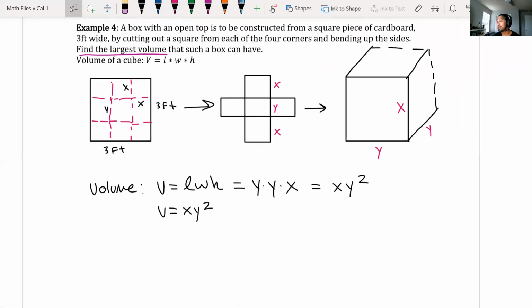Well, looking at the second diagram, we know that the width of the box is 3 feet. So I can make a formula for that. Remember that the width is still 3 feet.